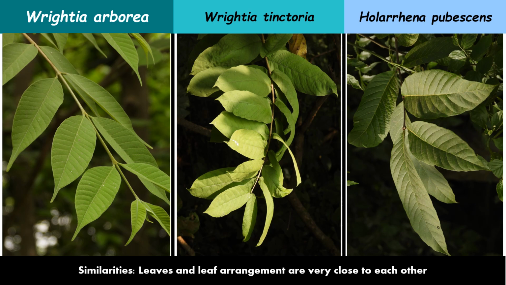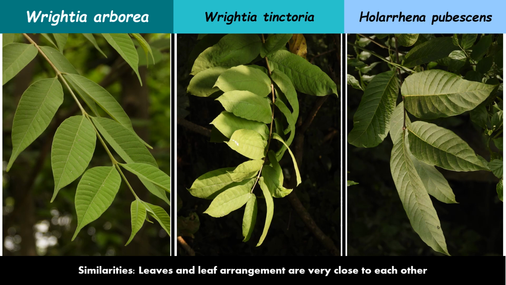The Butea, Ratia arborea, Ratia tinctoria, and Holarrhena pubescens. Usually they grow in the fringe of the forest, and we identify them as Holarrhena pubescens because the Holarrhena pubescens population is high. So leaves and leaf arrangement are very close to each other, but they are different tree species.